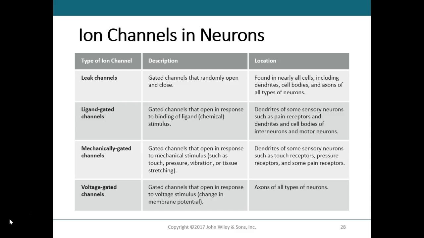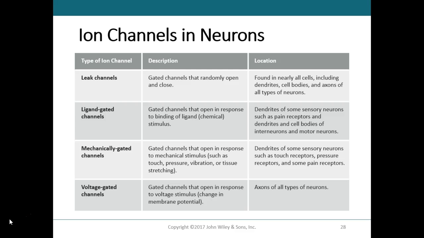So let's go briefly through those. So the leakage channels randomly open and close, but are mostly open, found in most all cells. Your ligand gated, ligand is a chemical such as acetylcholine. When it binds to those receptors, then the receptors are usually going to be a part of those gates or nearby those gates, and it will stimulate the proteins to change shape and the channels open.